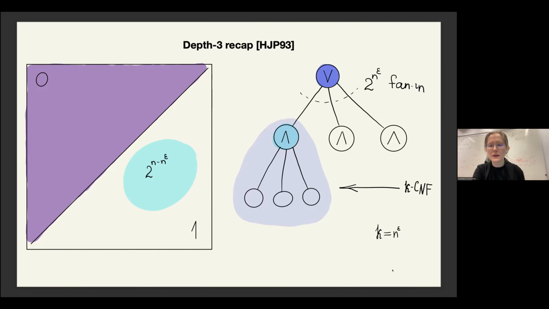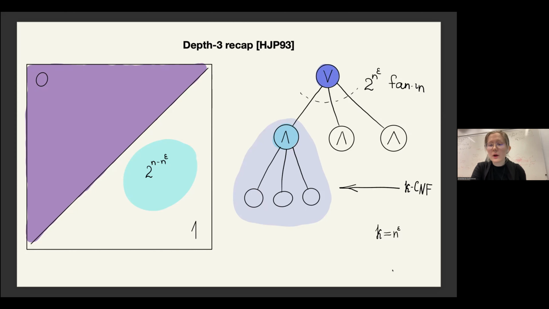So the fan-in of the OR gate at the top is no more than 2 to the n to the epsilon. And let me make this first step down the circuit, as I've explained on the previous slide. This corresponds to me picking a chunk of 1 inputs, and I just want to pick the biggest chunk that I have. I can always pick a chunk of size 2 to the n minus n to the epsilon, because I have some restrictions on the fan-in.